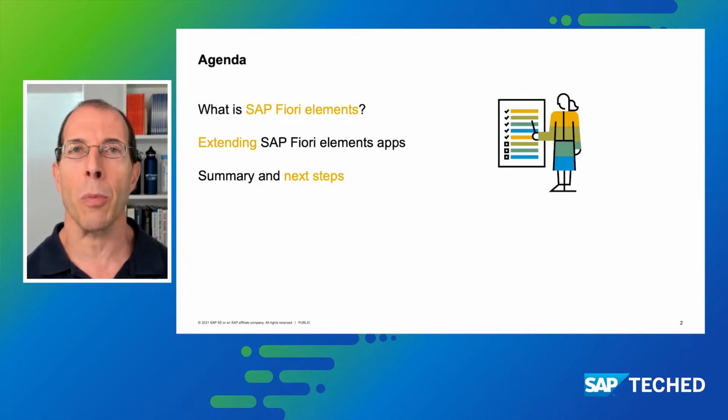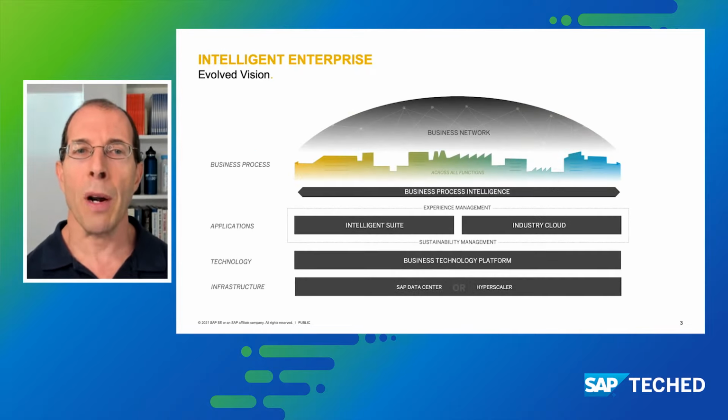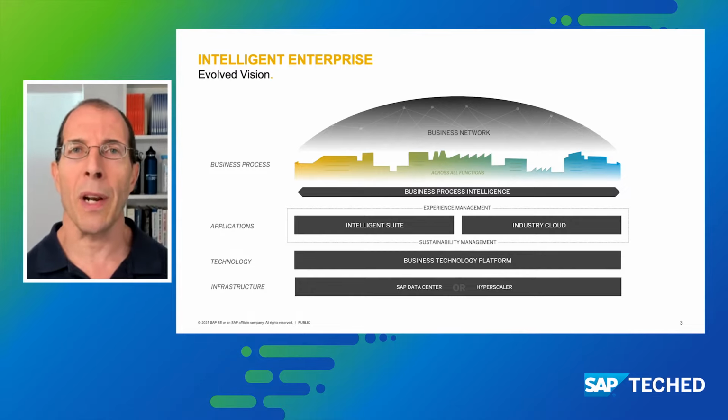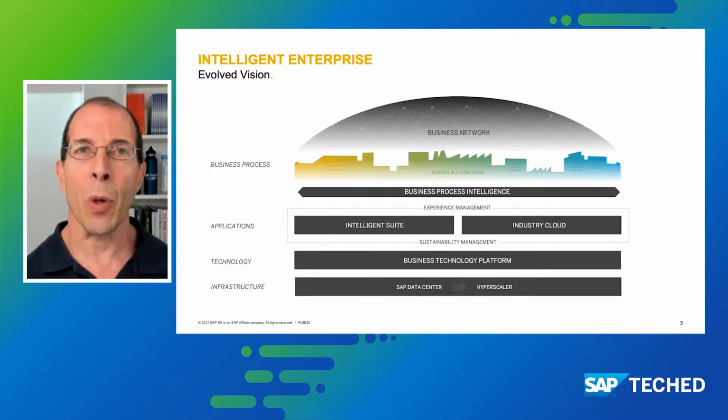Before we go into details, I want to show you how SAP Fiori Elements fits into the bigger picture of the intelligent enterprise. As part of SAP product engineering, we're focused on building solutions that allow you to become an intelligent enterprise. For an enterprise to run intelligently, it must run integrated end-to-end business processes powered by data with SAP S/4HANA at the core.